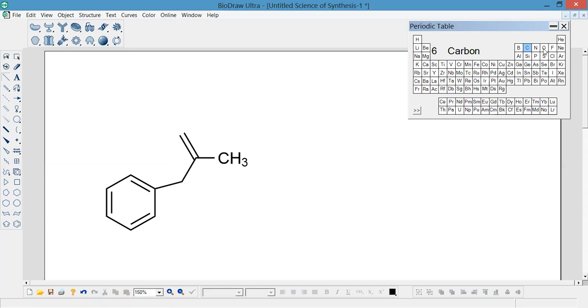Now take the oxygen atom from the periodic table and put it as a carbonyl group. Take the nitrogen atom from the periodic table and put it as nitrogen. This is acetanilide.